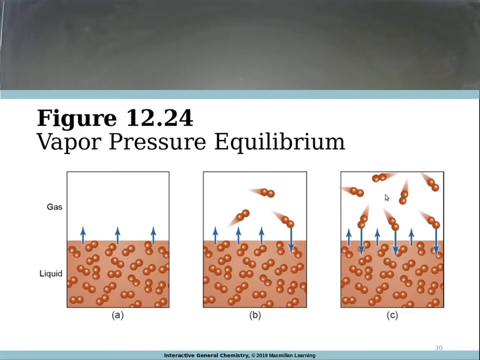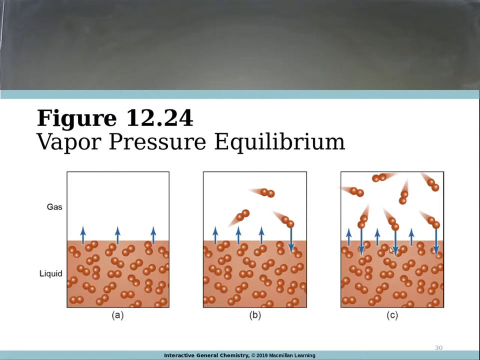But then also gas phase molecules are going to have some small fraction of them that are traveling slowly enough that when they encounter the surface of the liquid, they will become stuck and they will recondense onto the liquid. And so vapor pressure is the pressure at which those two processes, the molecules escaping the liquid into the vapor and the molecules depositing from the vapor into the liquid, are in a dynamic equilibrium.